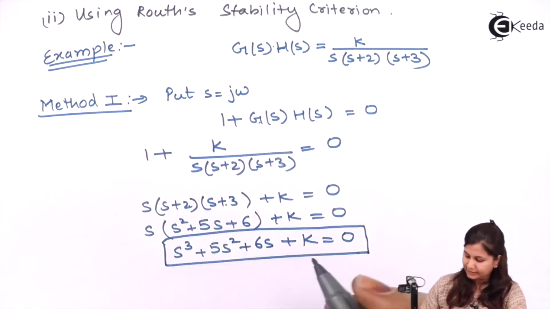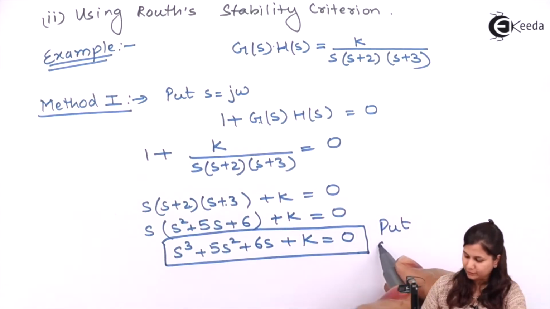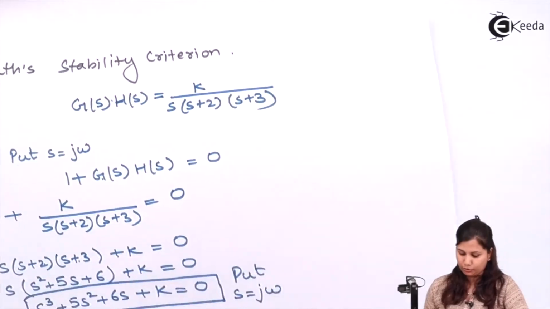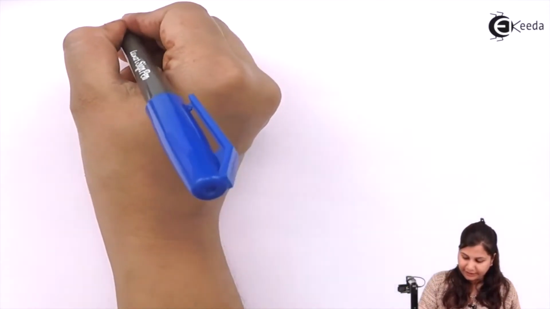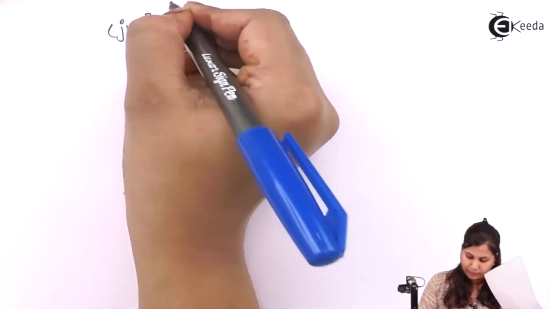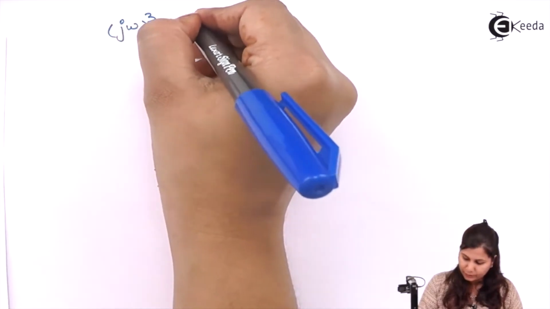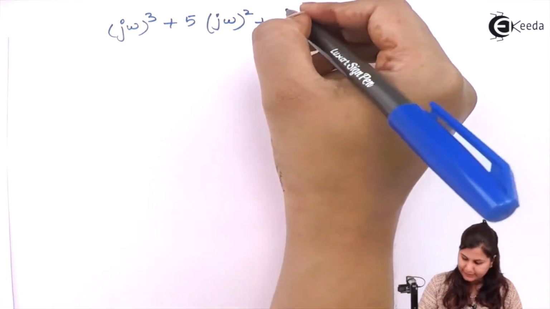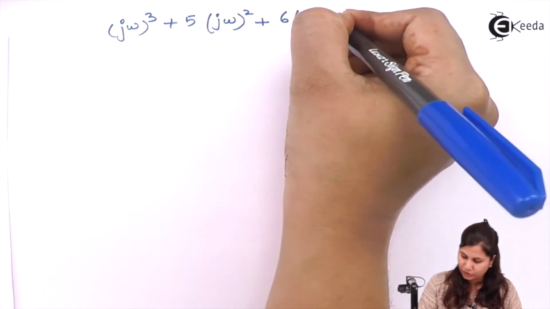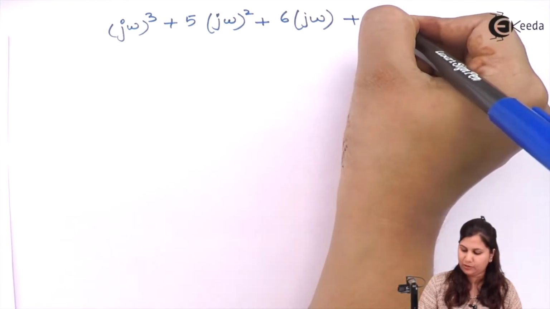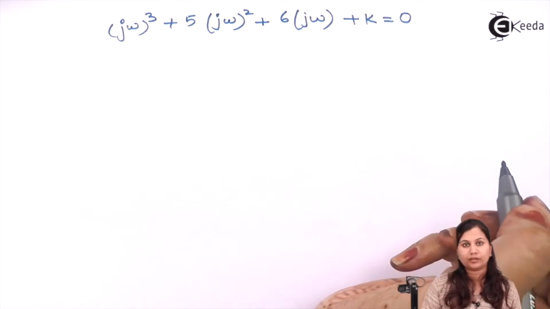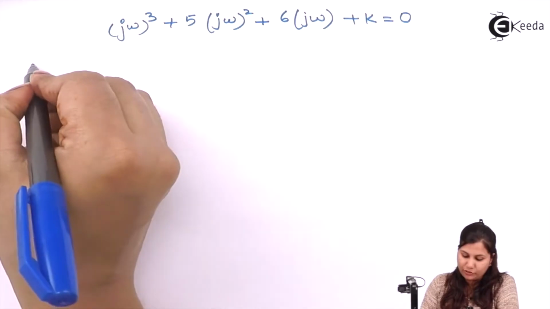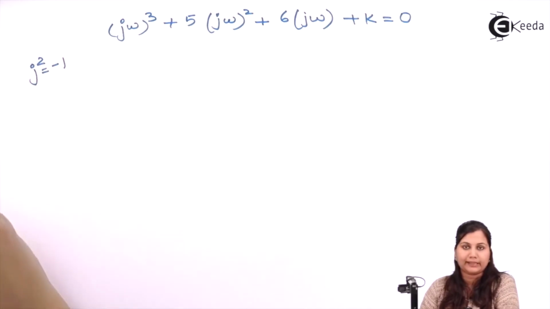Now in this characteristic equation, put s equals to j omega. Putting j omega here, we get (j omega) cube, then we have 5 (j omega) square, plus 6 j omega, plus K equals to 0. Now here we have j cube. We know that j square is equal to minus 1.